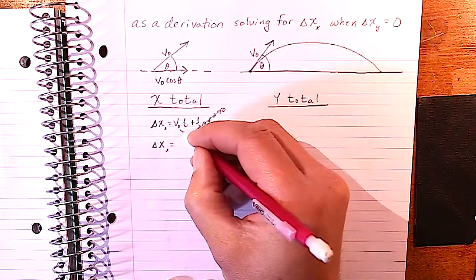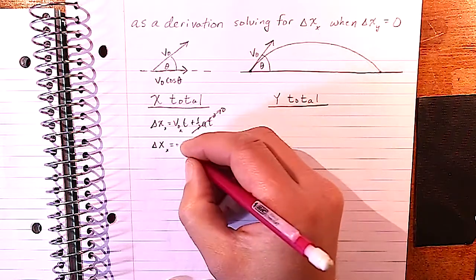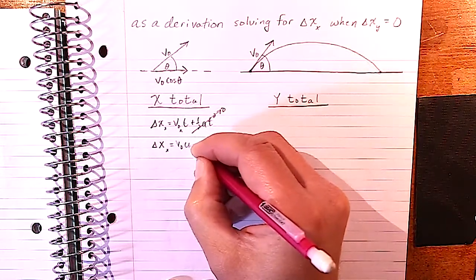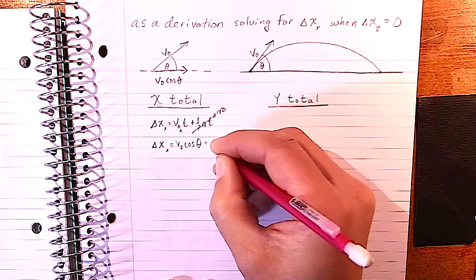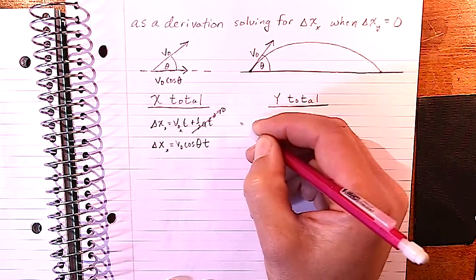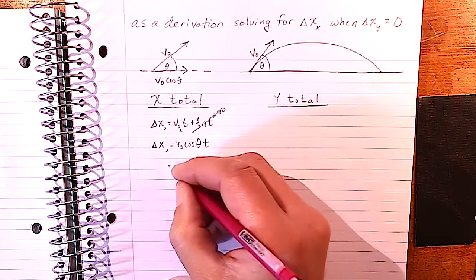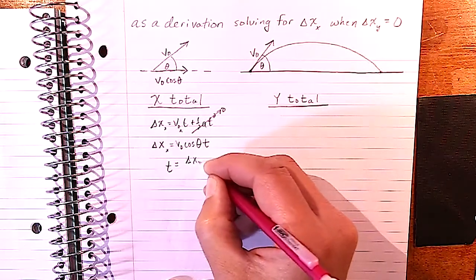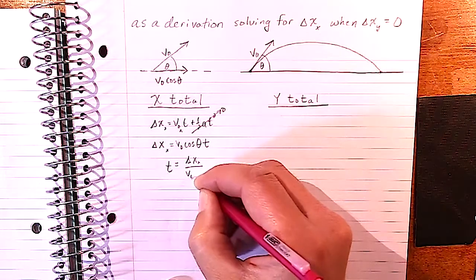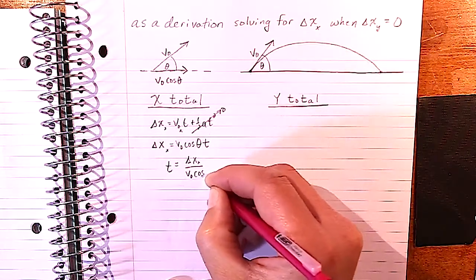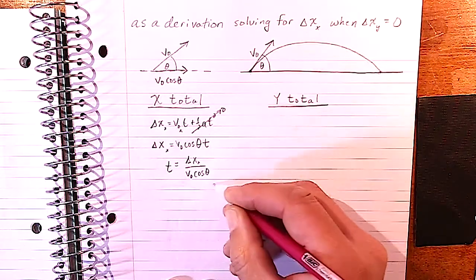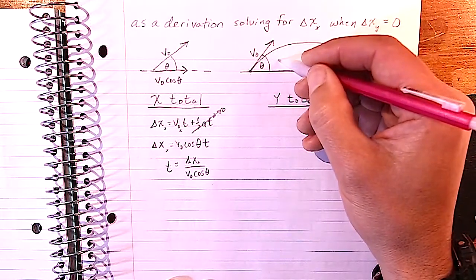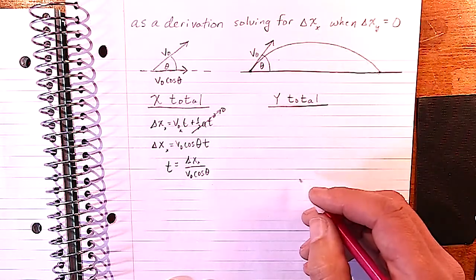So our v naught x in this case is going to be replaced with v naught cos theta. And that's multiplied times t. So if we solve for t, we can isolate and get delta xx divided by v naught cos theta. So now we have an expression for time, which will help us sub in to solve for the y direction.